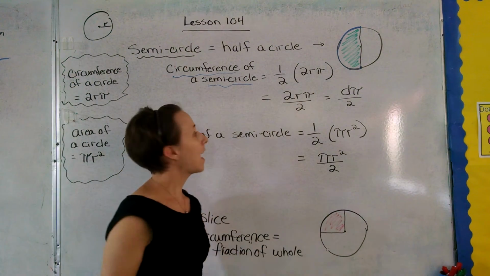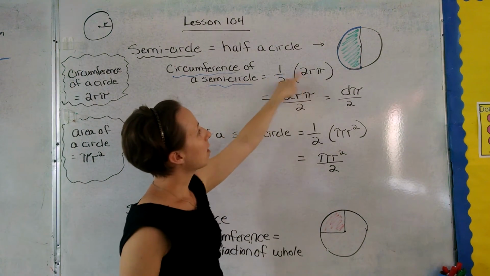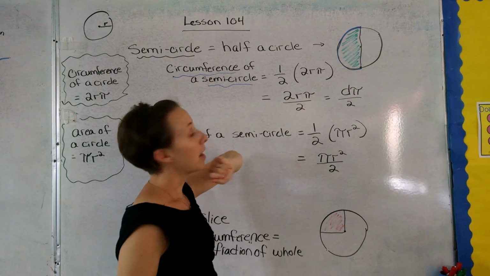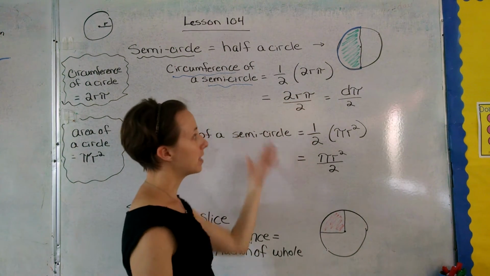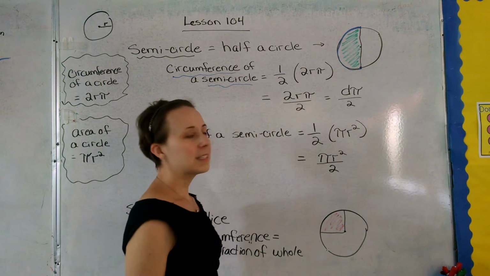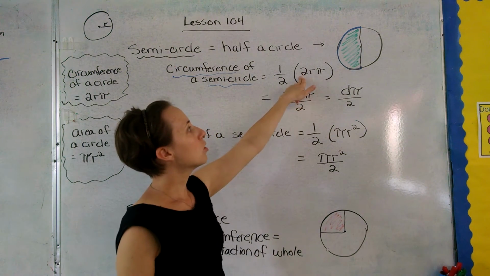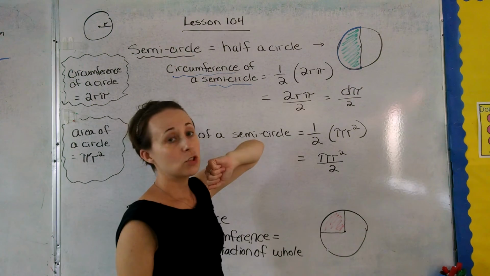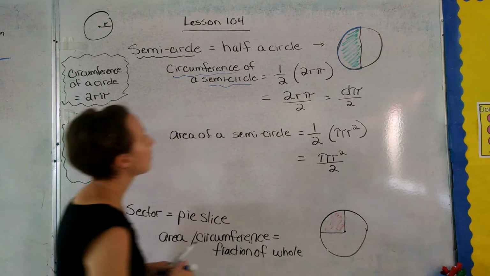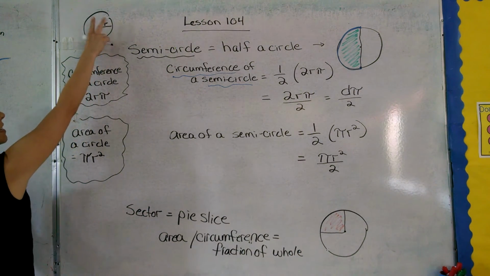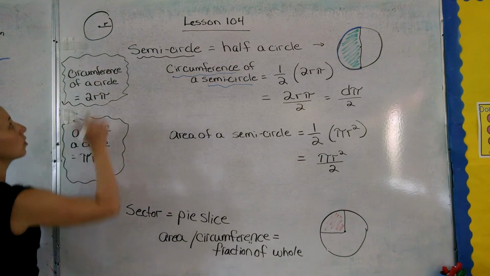There's some other ways to write that. When I multiply them together, the 2 will become the denominator. So I could write that as 2r pi divided by 2. That would mean the same thing. Or some people don't like to write 2r as 2r. They like to write it as a diameter. If you remember from before, the radius is the distance from the center to the outside of the circle.